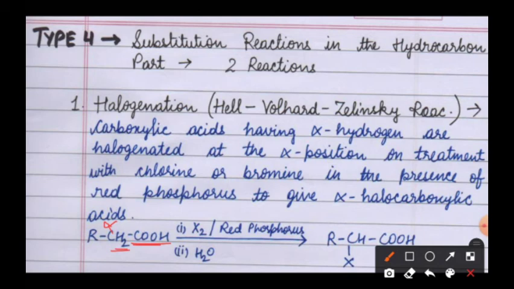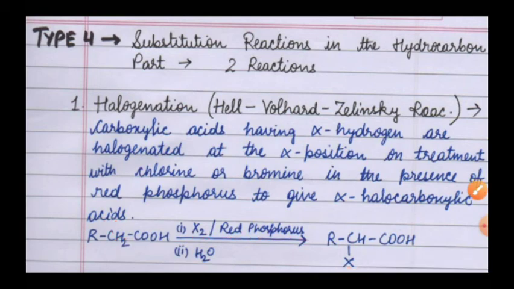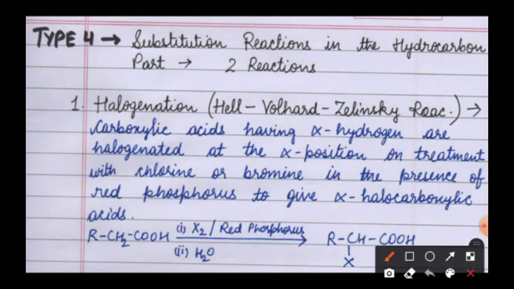So the first step will be reaction with X2 in the presence of red phosphorus, and the second step will be hydrolysis. What will happen? One alpha H will be replaced by a halogen, and this is known as alpha halocarboxylic acid. It is a name reaction known as Hell-Vollhard-Zelinsky, or as I told you in short, the HVZ reaction, and the condition is the presence of alpha hydrogen.